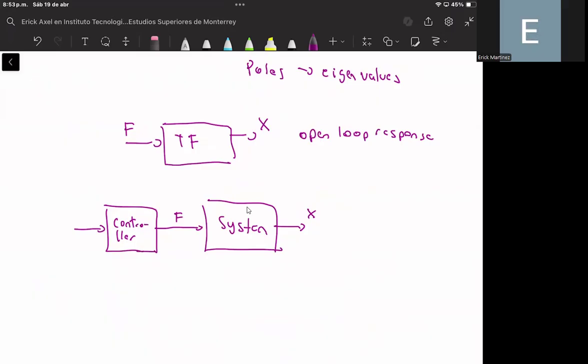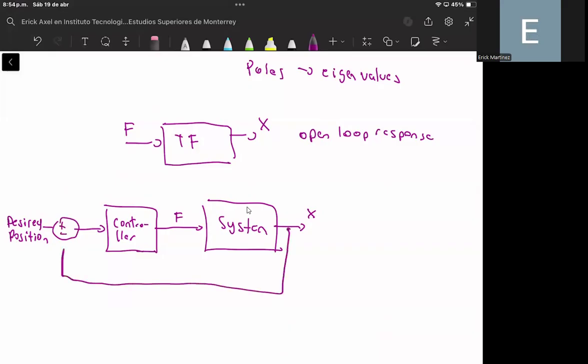Imagine that you have a desired position. We have a desired position, and we want to use this desired position as a reference. This is the position that I want. And I will compare this desired position, okay, with the actual position of the system.